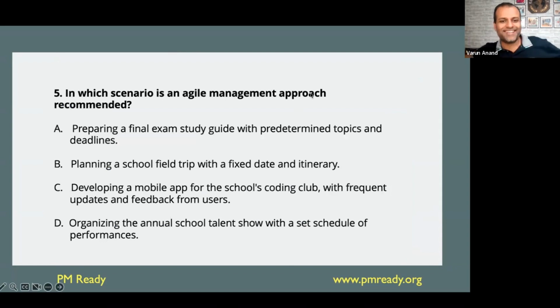Okay. Oh, we still have questions. In which scenario is an agile management approach recommended? Okay, why don't we do one thing? Instead of me answering the questions, do we have a poll here? Can we use a poll also? I think I can figure it out. Just give me a second. If you make me the host, I can also add. There is typically a poll option. We can add a poll A, B, C, D and go from there. It would be a little bit more fun. You are the host now.